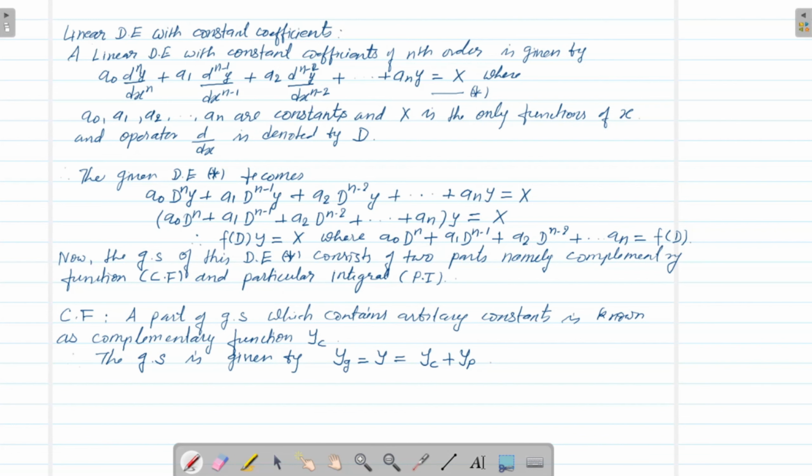So let us move to the next page. The method of finding complementary function CF. Since we know that the given differential equation can be written as f of D y equal to x, where x is only a function of x.